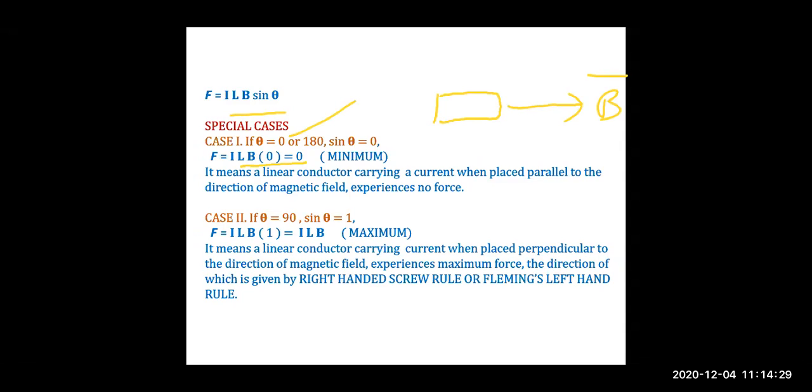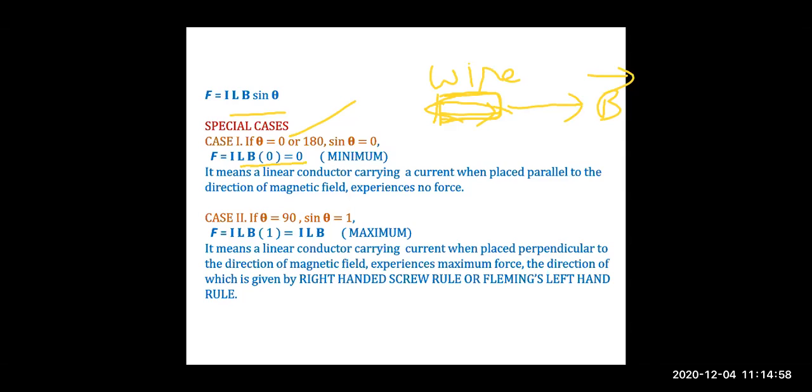So your magnetic field is in this direction, and suppose you put your wire, this box is your wire, your conductor. Now here you can see that the wire is also in the same direction. So when your conductor and the magnetic field are in the same direction, or the current is flowing like this, or minus, 180 degree, then the force between them will be 0. Means the conductor will remain as it is.